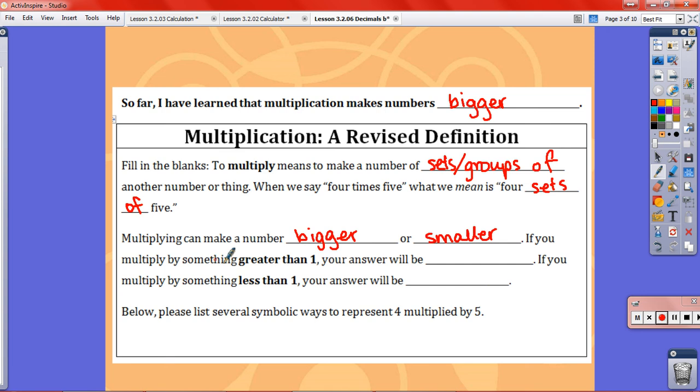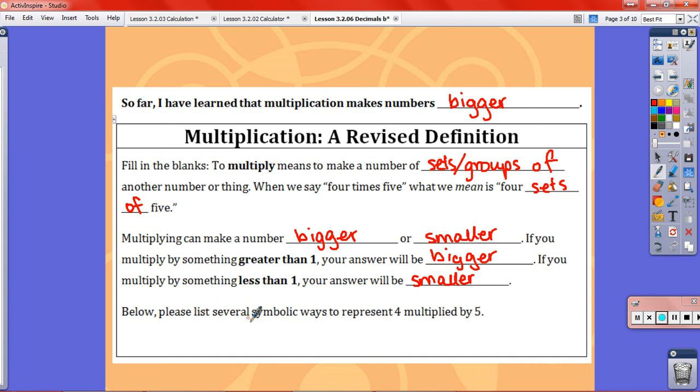So if I multiply by something bigger than 1, then my answer is going to be bigger. So if I had 1 of something and now I have 2 of something, I have more. But if I multiply by something less than 1, then my answer is going to get smaller. If I had 1 of something and now I have 0.5 of something, I have less than before. But it's still multiplication because it is 0.5 sets of 1.